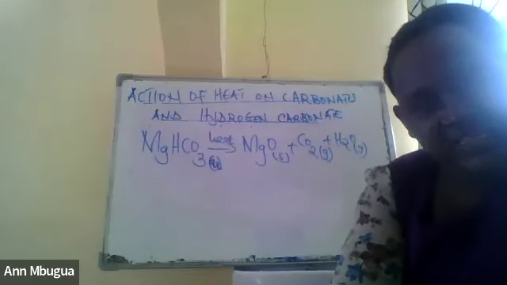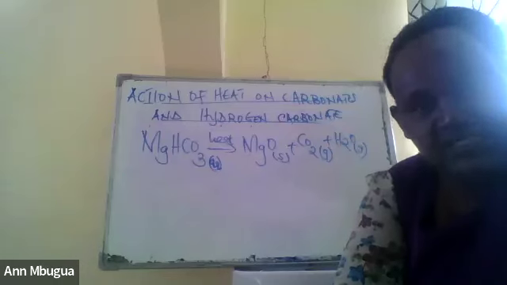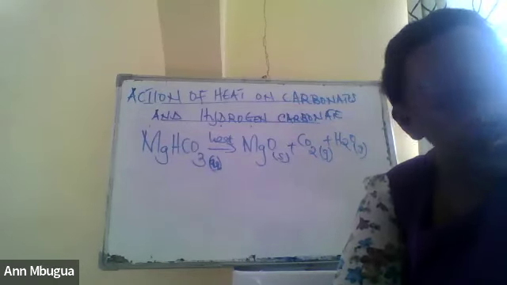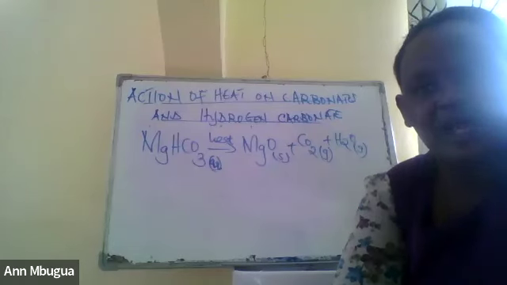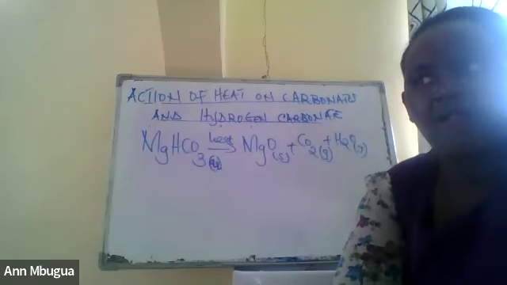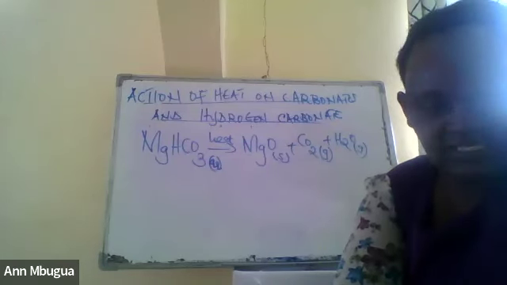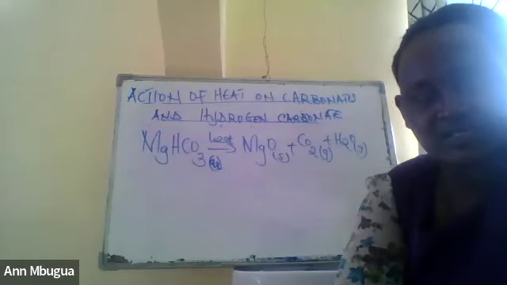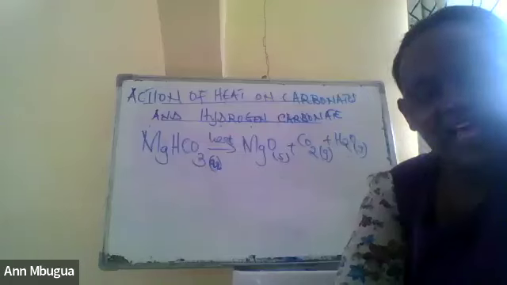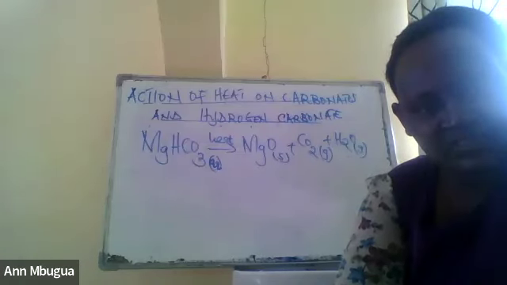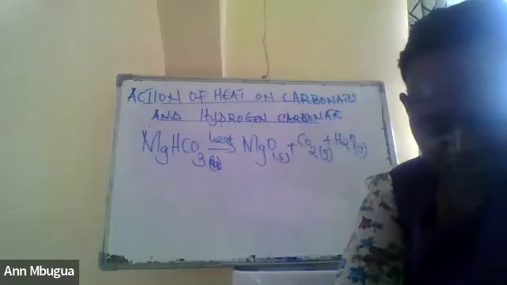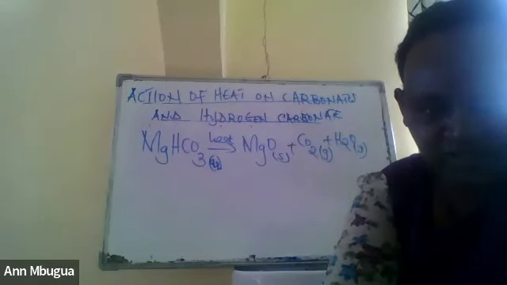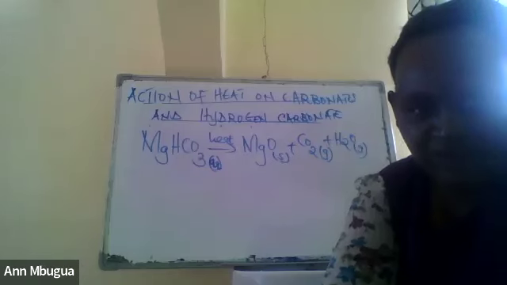We have lithium hydrogen carbonate, magnesium hydrogen carbonate, and calcium hydrogen carbonate, which exist in solution. So any other metal hydrogen carbonate does not exist. I hope I'm clear to the person who asked that question.